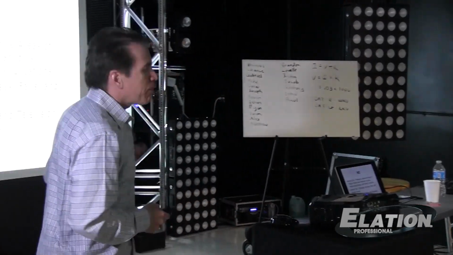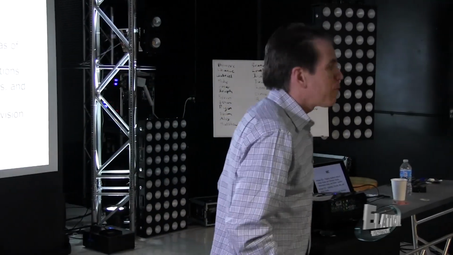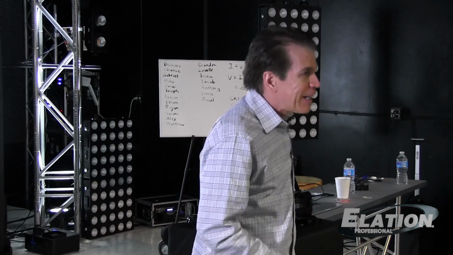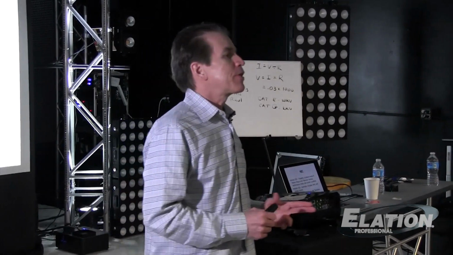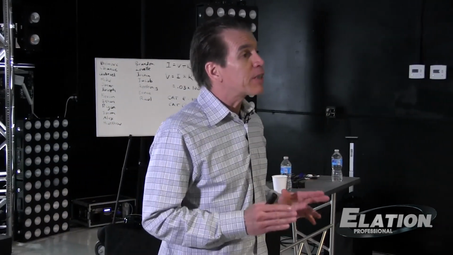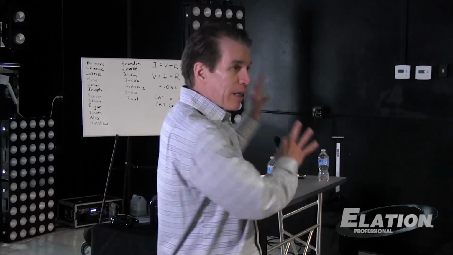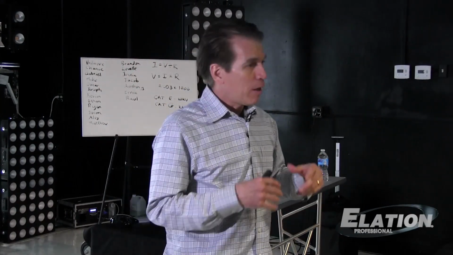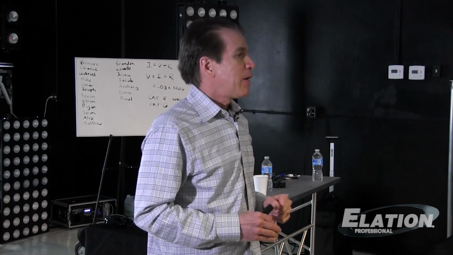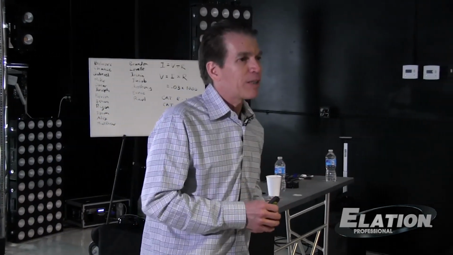Because if you look in Article 520.10, it says that you can use equipment that's not listed for outdoor use in that situation as long as you have authorized personnel guarding it while it's energized.